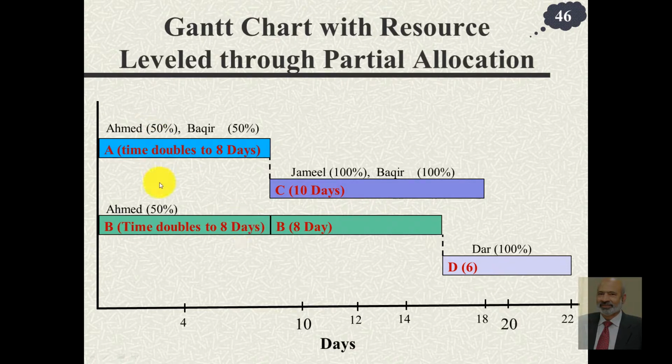So 50 plus 50, 100%, so he doesn't get paid any extra amount. But since Ahmed, who was supposed to work 100% time for 4 days, works half the time, the activity can be expected to take double the time. So these 4 days now become 8 days.